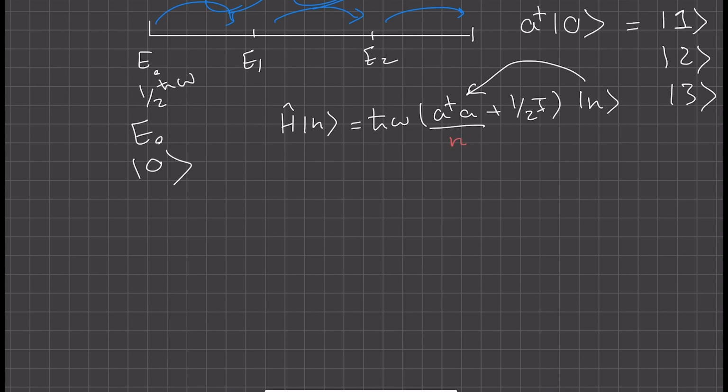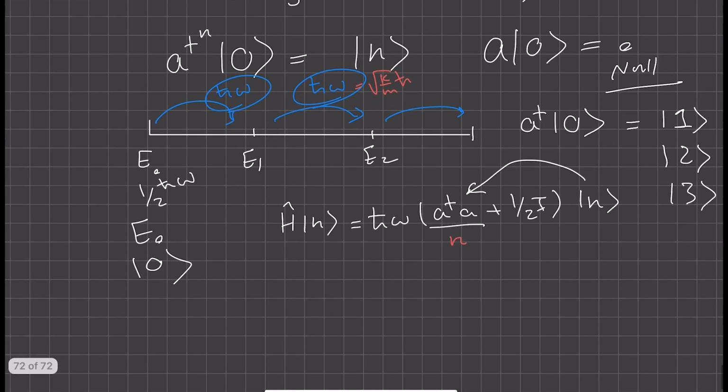So first, A acts on N. It takes it one unit down, and then A dagger brings it up. But by bringing it up, the normalization constant, which is important here, comes back.